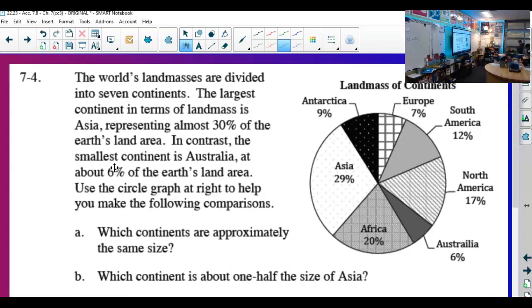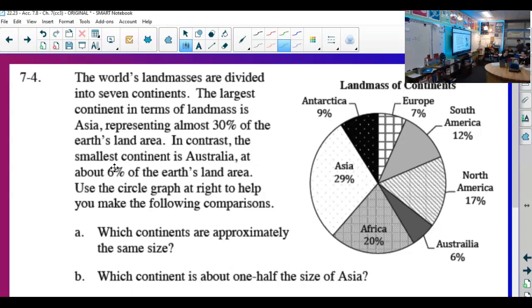Which continents are approximately the same size? Europe and Australia. South America and Antarctica, with 3%. Which continent is about 1/2 the size of Asia?